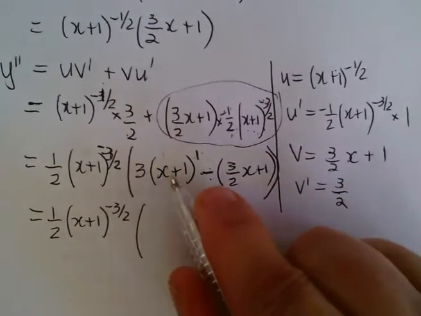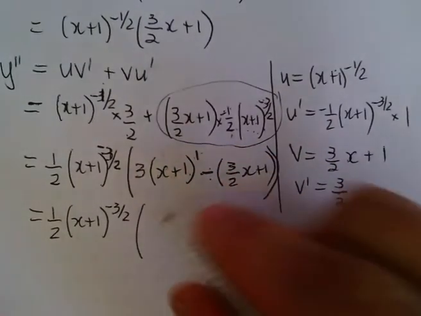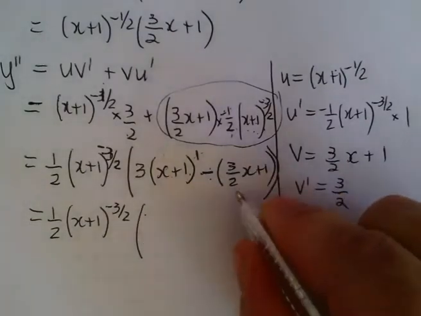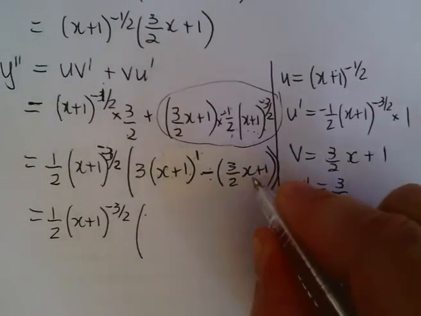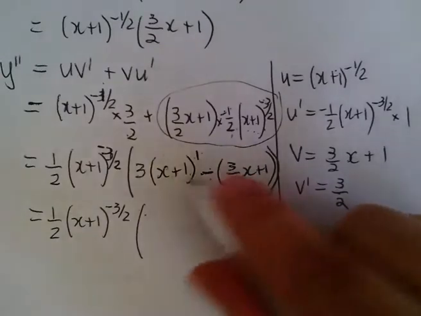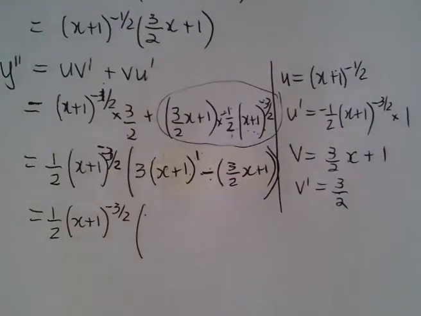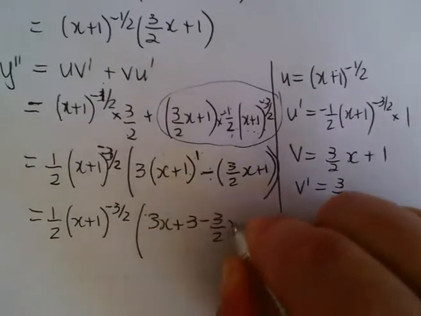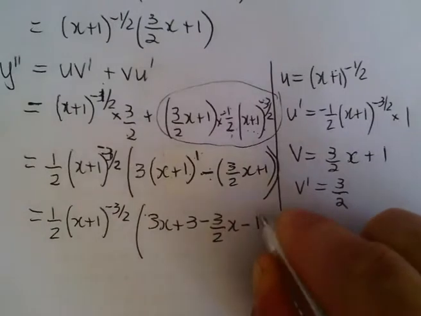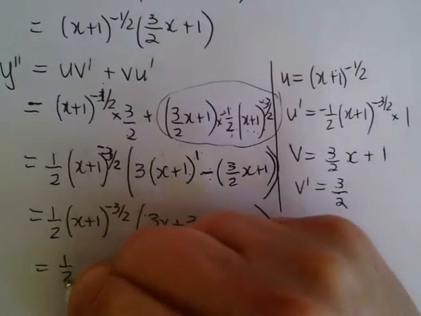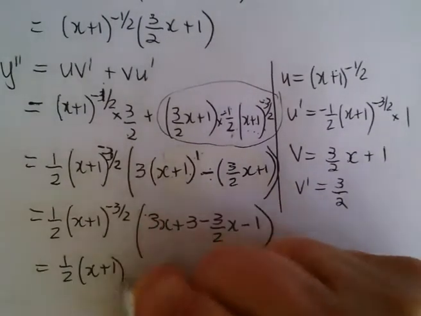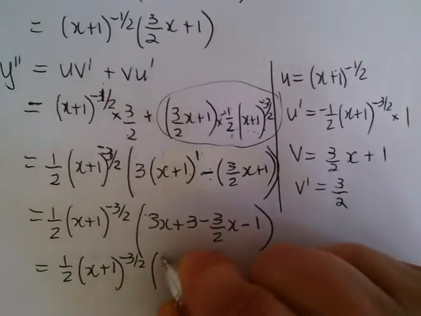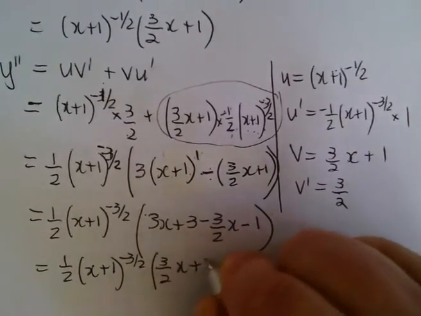And then when I'd expand this, 3x plus 3 minus 1.5x. Wouldn't that be 3x minus 1.5x is 1.5x. 3 minus 1.5 is 1.5. So I've got 3x plus 3 minus 1.5x minus 1. So I've got a half (x plus 1) to the negative 3 on 2, I've got 3 on 2x plus 2.